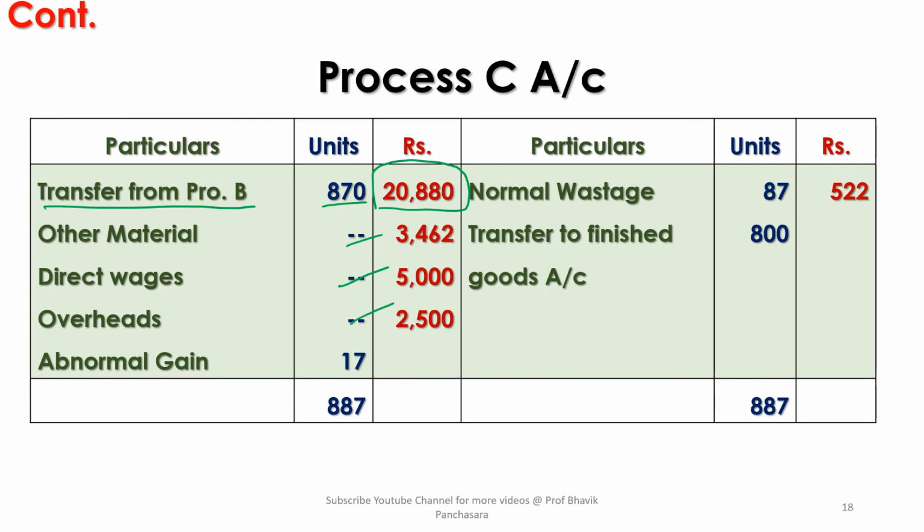After that for the normal wastage units we will show scrap value. So in process C scrap value is 6 rupees per unit. So 87 into 6 rupees. So here we will receive 522. Now we have to find out the cost per unit to show the amount for units transferred to finished goods and for the units of abnormal gain.